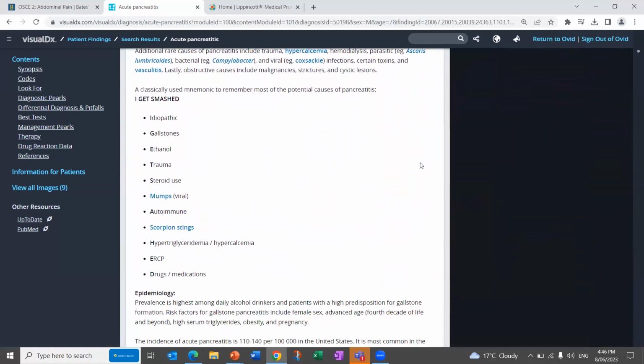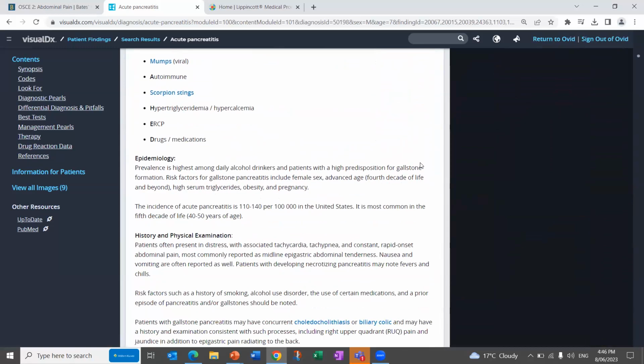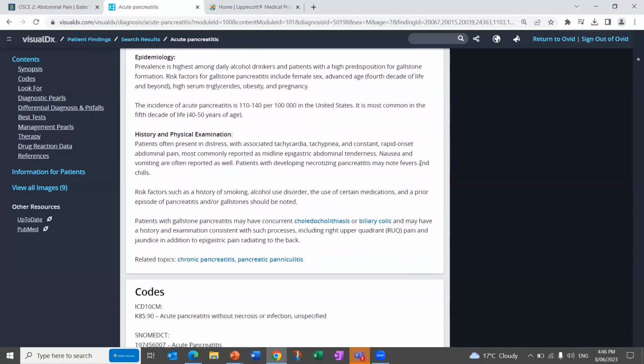We can think about the different causes of this problem, whether it's an infection, whether it is gallstones and those sorts of things that we see on the screen, and maybe some ways in which we can tell that this is or is not this particular problem.